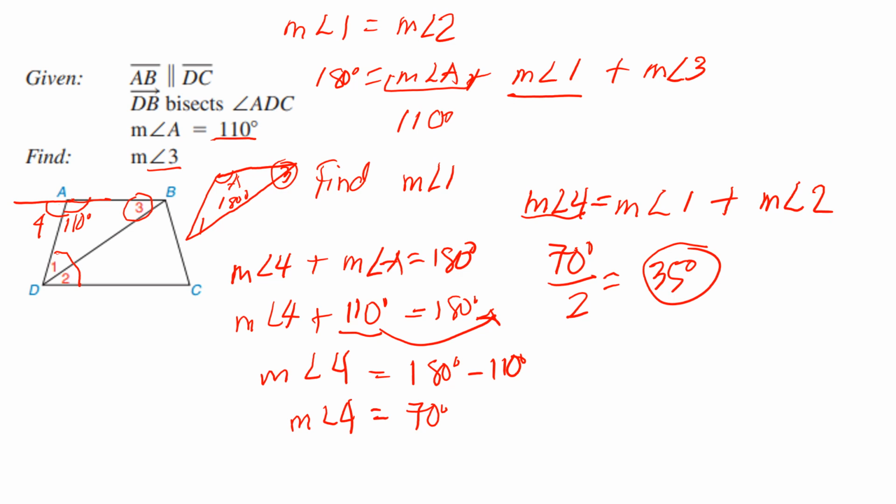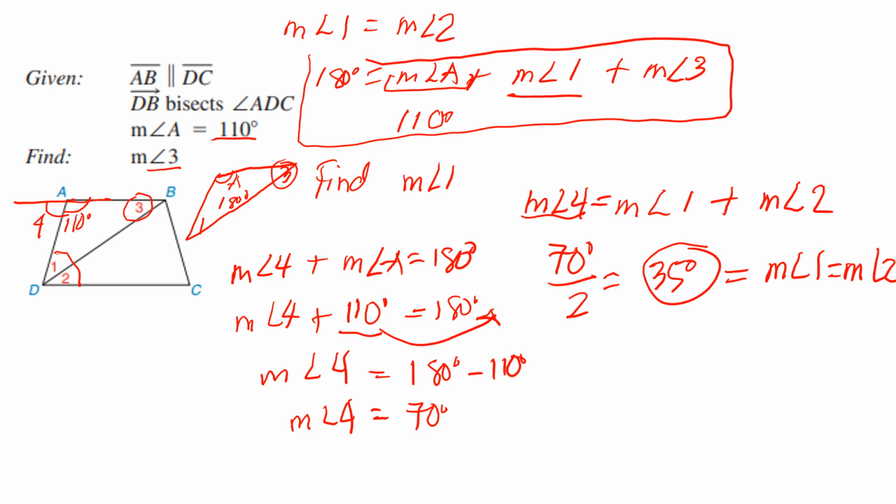And these 35 degrees are equal to the values of the measurements of angle 1 and the measurements of angle 2. So going back to our first formula or equation that we are trying to achieve, the measurements of angle 1 is 35 degrees. With that, we can now manipulate algebraically on what is the measurements of angle 3.